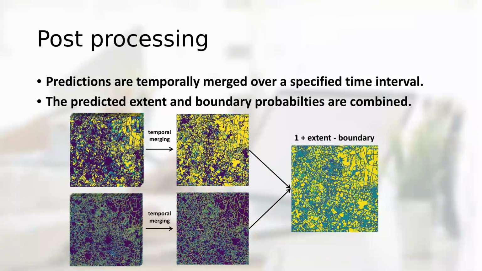Once you have the predictions, it's not the end of the story because there are some other things involved that are quite important. For example, we do post-processing. Like I said, we do predictions over multiple timestamps, and then these timestamps are temporally merged over a specified time interval.